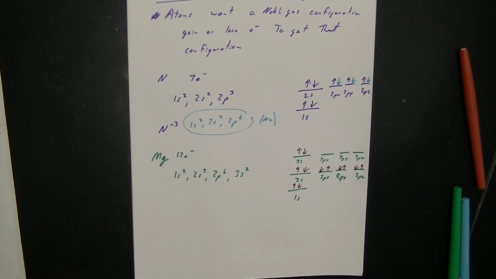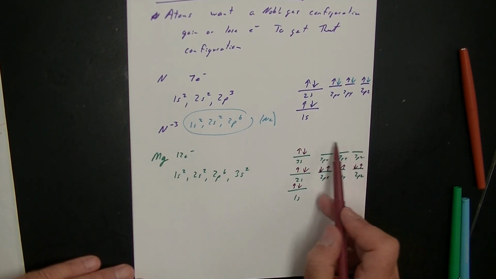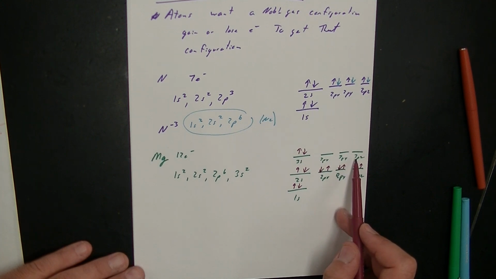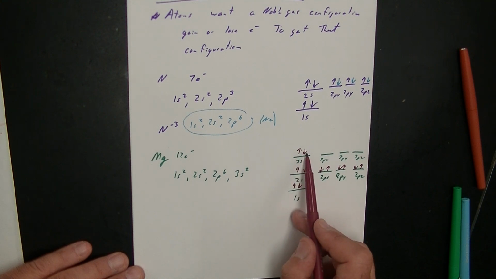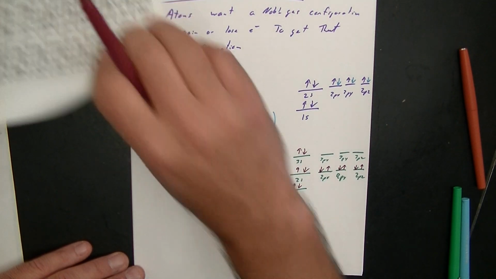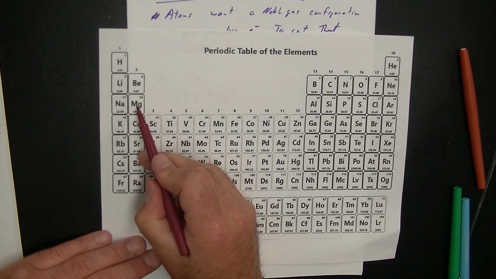Now, magnesium wants a noble gas configuration. To get there, we could add all these 6 electrons to get to be like argon, or it could just lose these 2 electrons and drop down and be like neon. If we look at the periodic table, here's my magnesium.